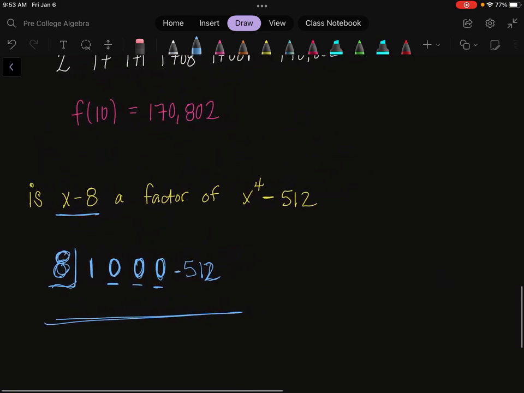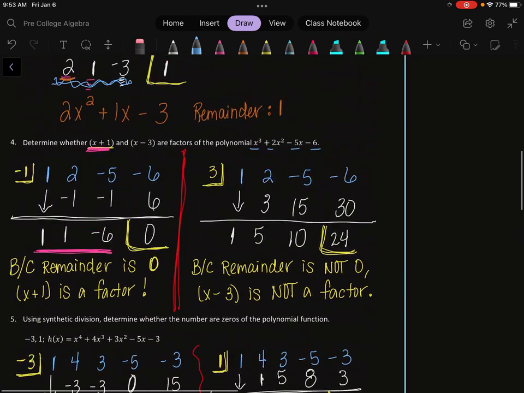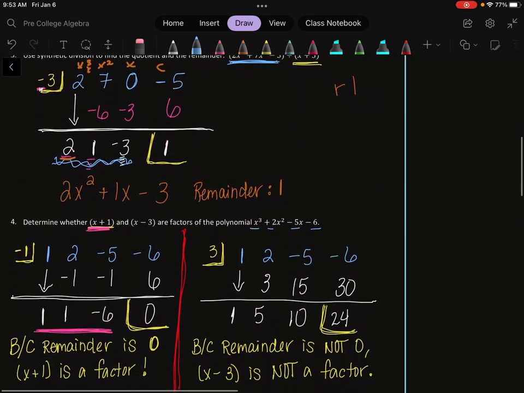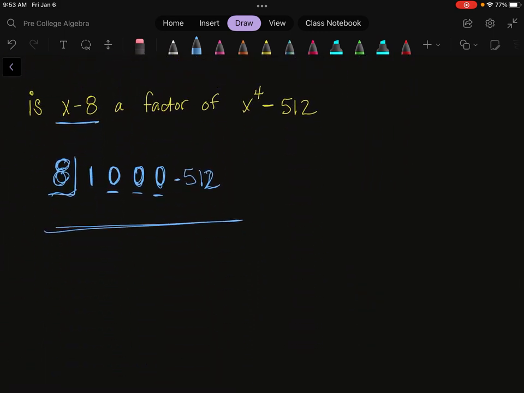We really only had one prime example where we had to put a 0 in, and that was the first synthetic division one that we had. Okay? So make sure you're putting the placeholders for the variables that have the power of 0.